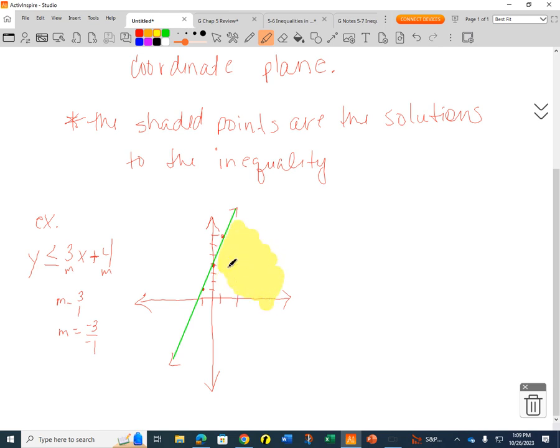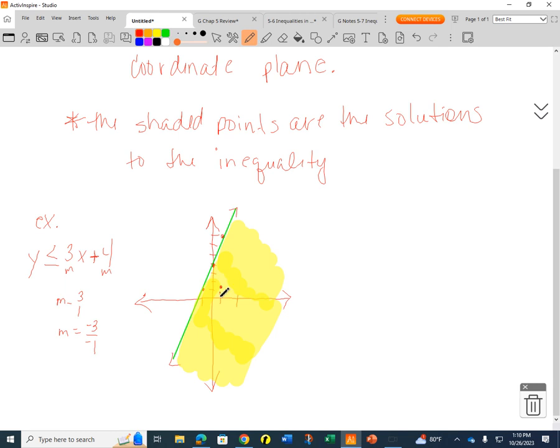I'm shading this side of the coordinate plane based on that inequality. That means any point that I shaded over here is a solution to this inequality. So for instance, this point here, 1, 1, is in a shaded part of the coordinate plane, right? So the shading means it's a solution. Shaded means solution, S and S, okay?